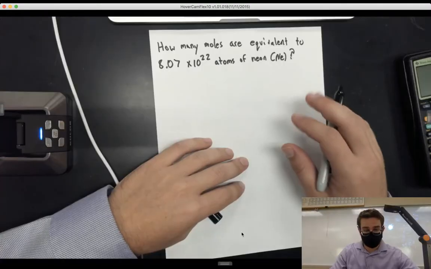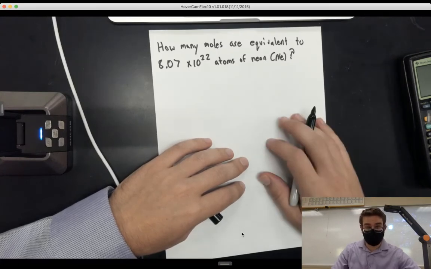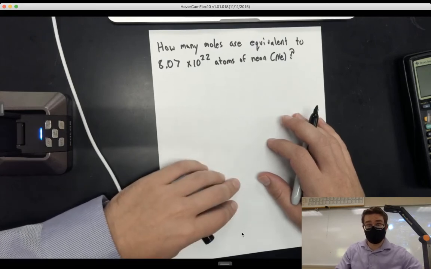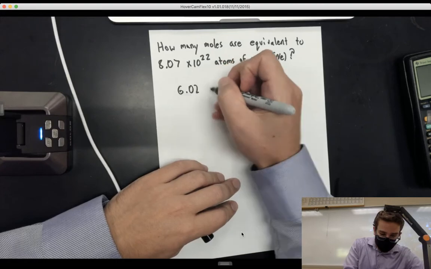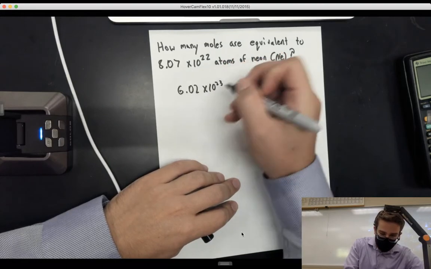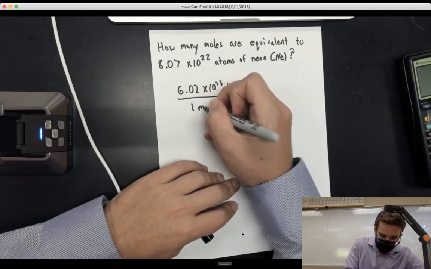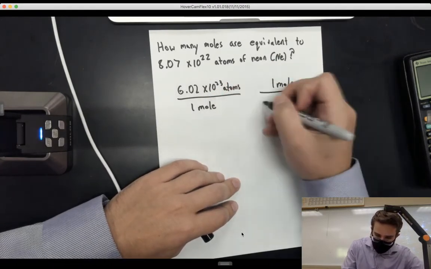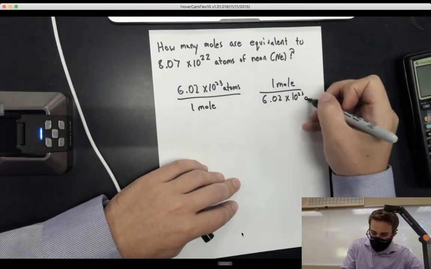For our second problem, I will show you how to convert from atoms to moles. Once again, we have two possible conversion factors that we can use when going from atoms to moles or moles to atoms. They are 6.02 times 10 to the 23 atoms per 1 mole, or 1 mole per 6.02 times 10 to the 23 atoms.